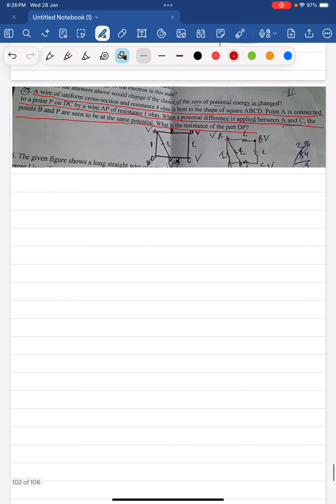So our question is, this is the shape of the circuit of total resistance 4 ohm. It means resistance of each segment will be 1 ohm, 1 ohm, 1 ohm and 1 ohm.